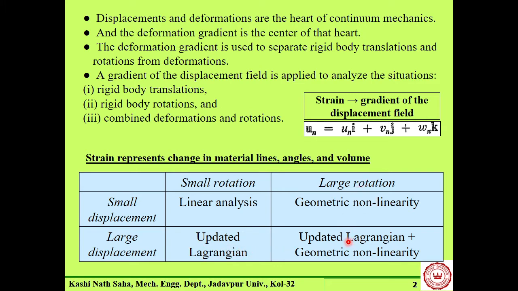With large rotation, we have this description, updated Lagrangian, as well as this geometric nonlinearity. In addition, there is another complexity which comes from material nonlinearity, which we will be discussing next when we discuss the relationship between stress and strain. Then only the material properties will come.